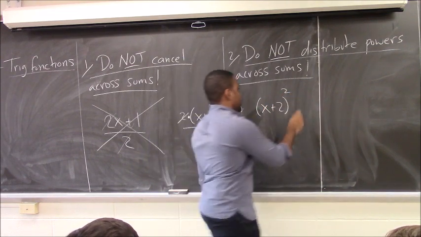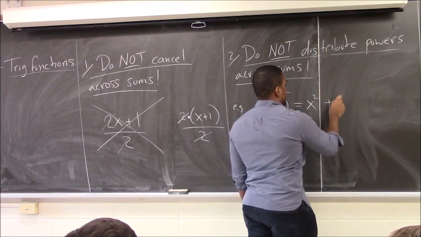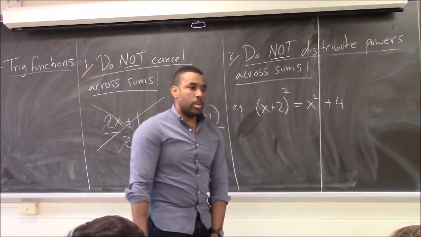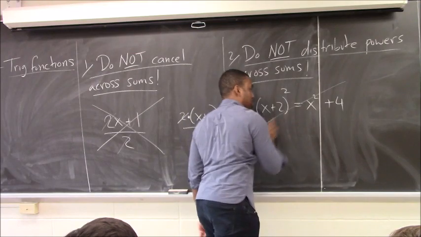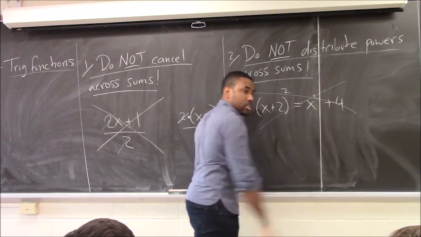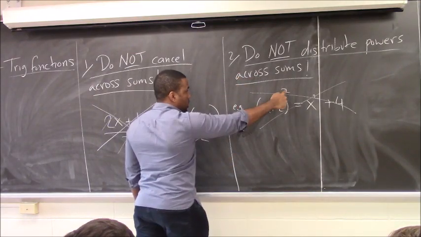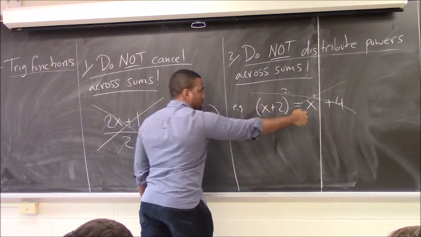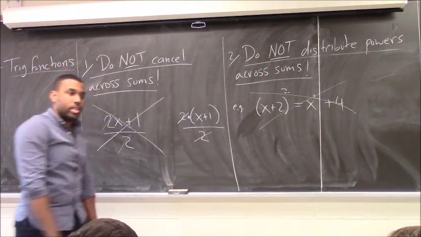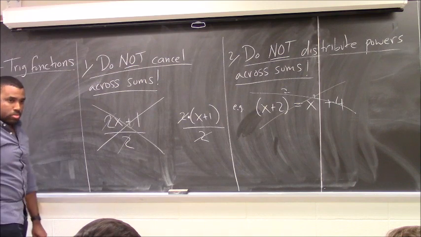And you think, oh, that's just x squared plus 4, isn't it? No, it's not x squared plus 4. That is incorrect. You can't just take a square, put it on the x, and put it on the 2 and think that's the answer. Super illegal, super wrong, and I will punish you very heavily for it.